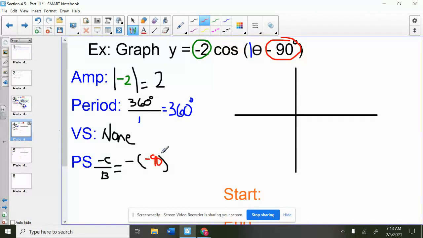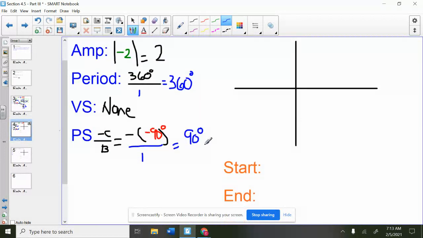Or what we like to always say is minus from there and then a negative 90. And that's divided by 1. And so then that comes out. If I do minus and negative, that turns into a positive. So this is starting at positive 90 degrees. Positive 90 degrees. And then divide that by 1, and that's going to still be 90. So my phase shift is my starting value. So this thing's going to start at 90 degrees.